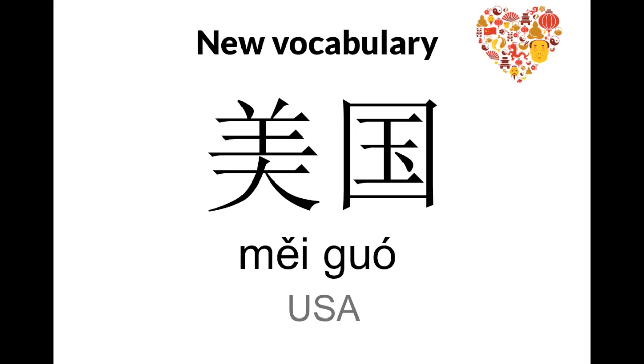美国 literally means beautiful country. 美 is beautiful. But 美 is mainly chosen here because it sounds like a short version of America. So if you like cram America into 3 letters, it becomes 美. So 美国 is America or USA.